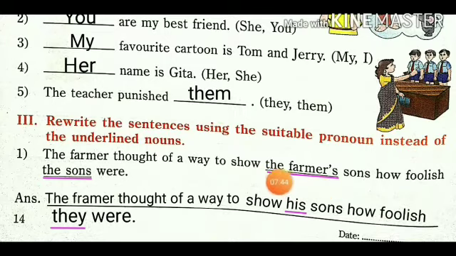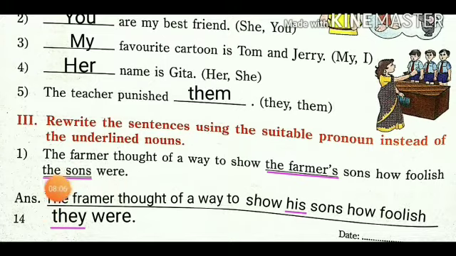So for farmers, a suitable pronoun is his. Sons, how foolish the sons, that is also a noun. So instead of that noun, we are using they, a suitable pronoun: they were.